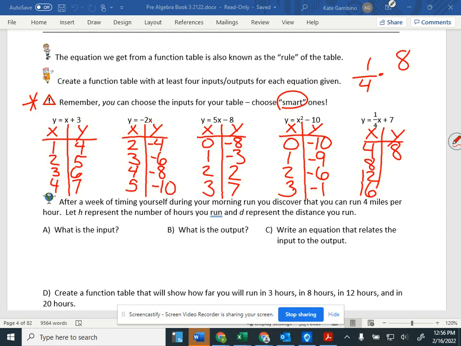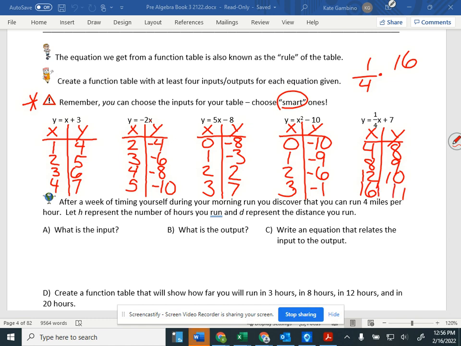It's easy for me to do in my head. So now 2 plus 7 is 9. 1/4 times 12 is going to be 3. 3 plus 7 is 10. And then 1/4 times 16 is 4. 4 plus 7 is 11.